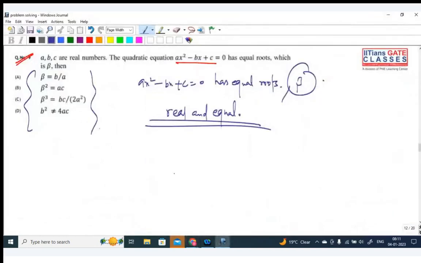Okay, so this is a very simple question. x minus beta square equal to 0 here, because x equals beta.